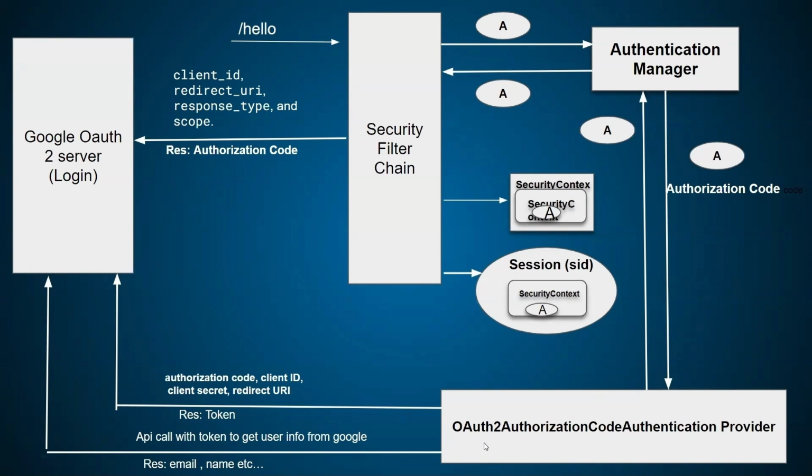Once it gets all the information, it will return that information in the form of an authentication object to the authentication manager, and the authentication manager will return that object to the security filter chain, and the security filter chain will store that data inside the security context holder. That means if you want the user data once he logged in, we can get all the information from the authentication object. So let's access the authentication object.